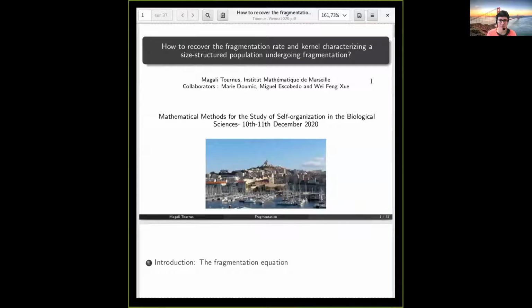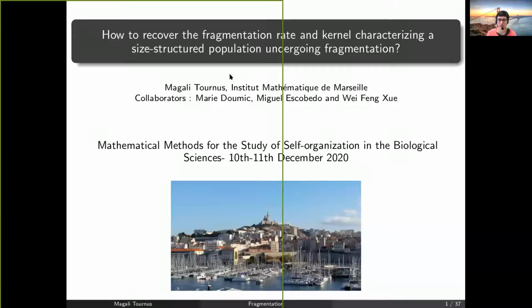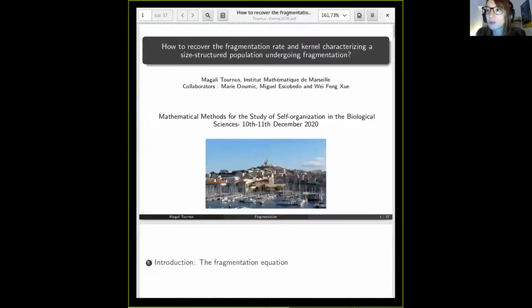Still a green line? Yes, it's still there. But we can see the slide. By the way, we hear you a bit, but the sound is a bit low. Is it too much? Yes, you can put a bit less because there's a lot of sound.